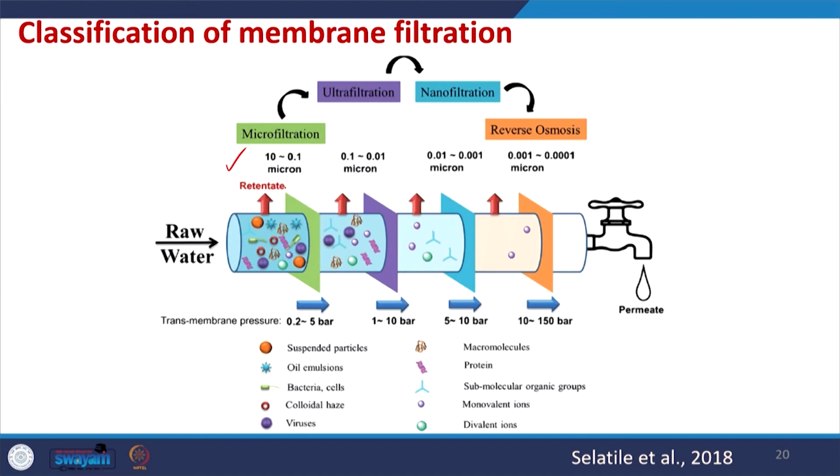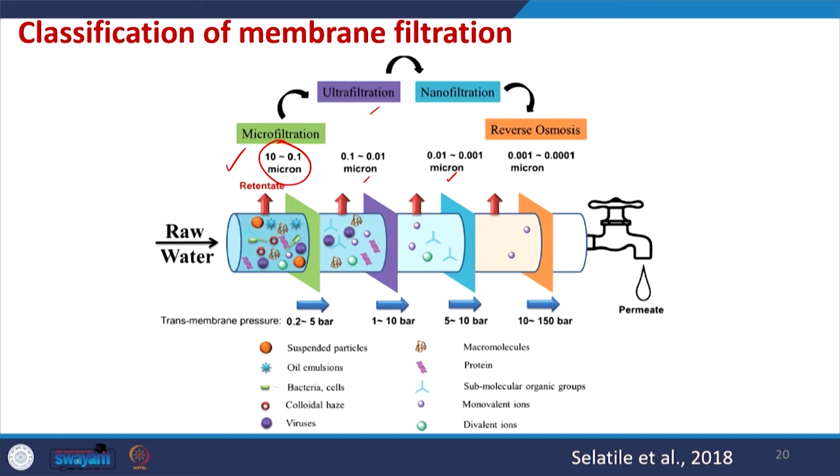So, raw water is going through a number of sections, and in these sections we can see microfiltration, which will filter particles in the range of 10 to 0.1 micron size, then from 0.1 to 0.01 micron size ultrafiltration, then from 0.01 to 0.001 micron size nanofiltration, and then we have RO also.